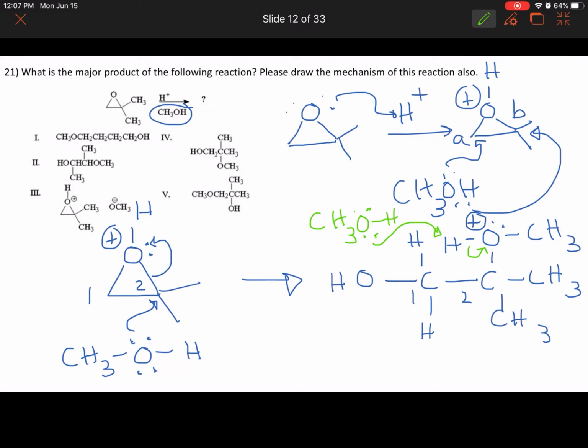So by looking at the product, you can choose the correct answer. That's going to be the final product. Again, this is the epoxide opening under acidic medium.